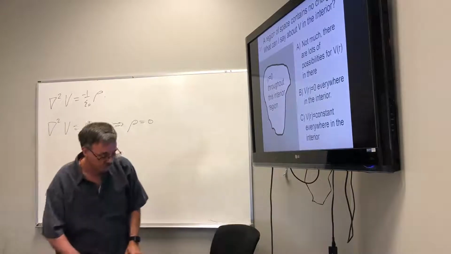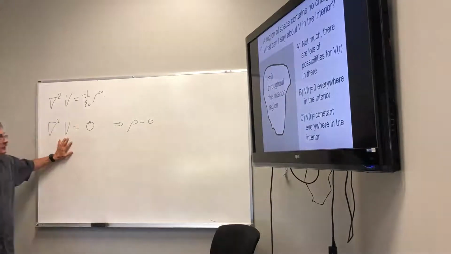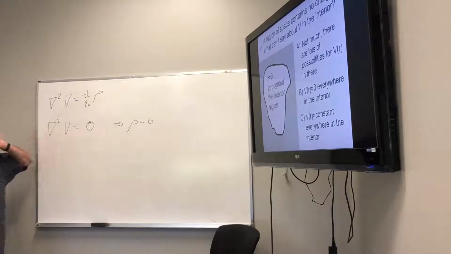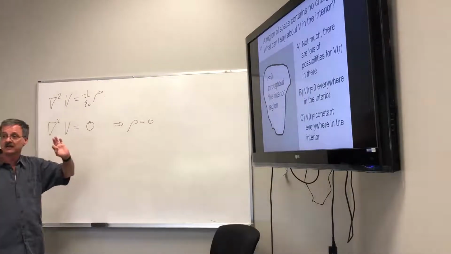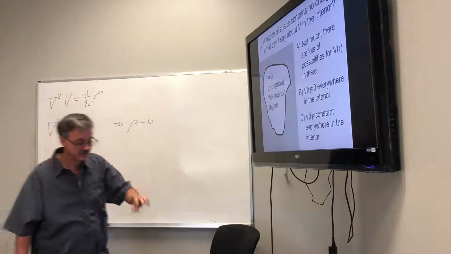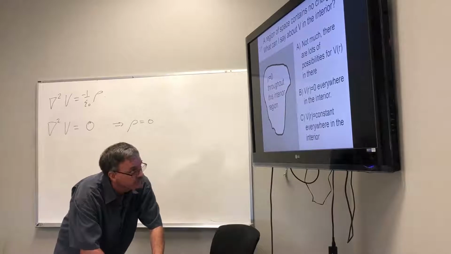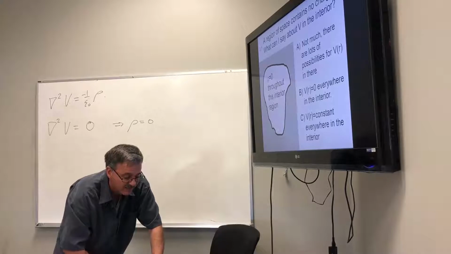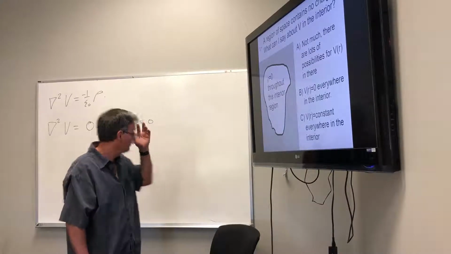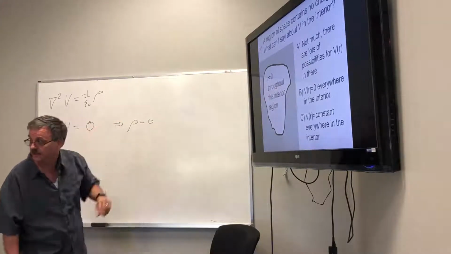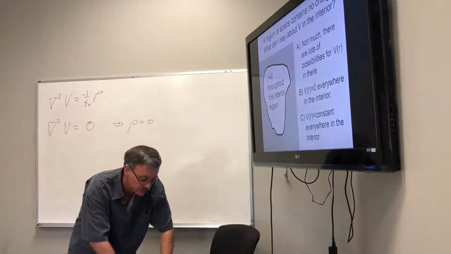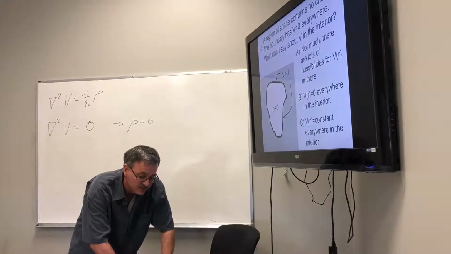That also forces the maxima and minima of whatever this function V is to happen on the boundaries, not on the inside, because we're basically averaging the boundaries to get what's available on the inside. In order to have a maximum on the inside, your density would have to be greater than 0. We would have to have some charge on the inside for Poisson's equation, that's correct.